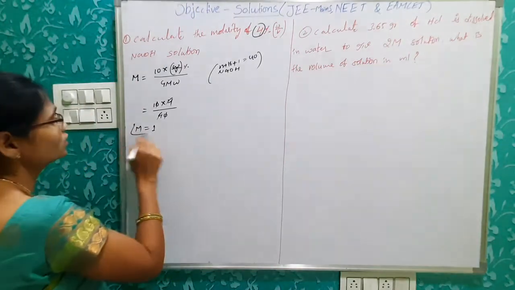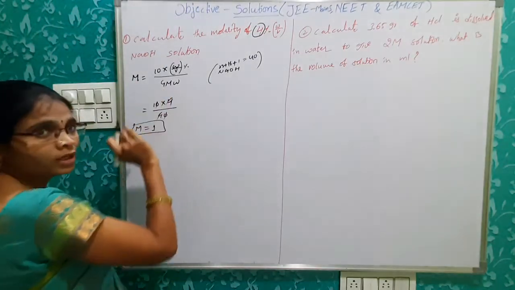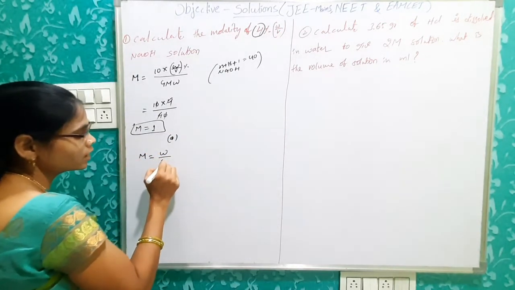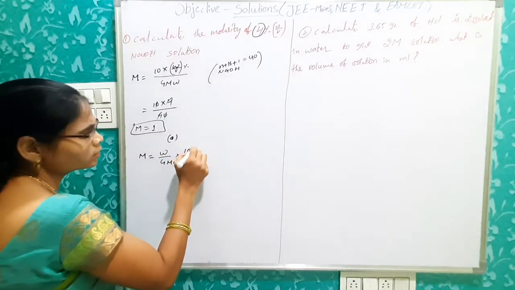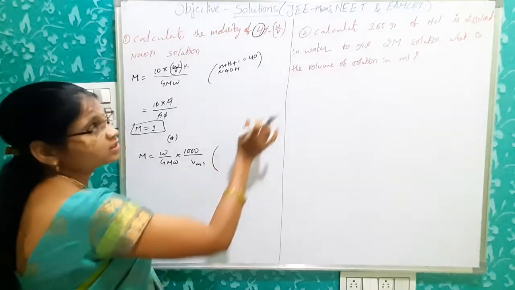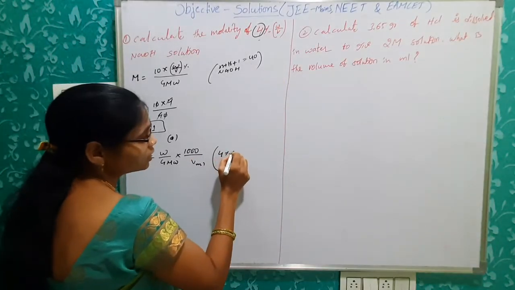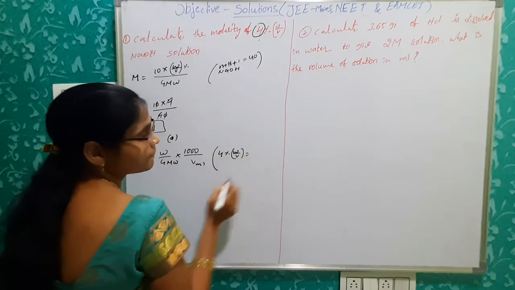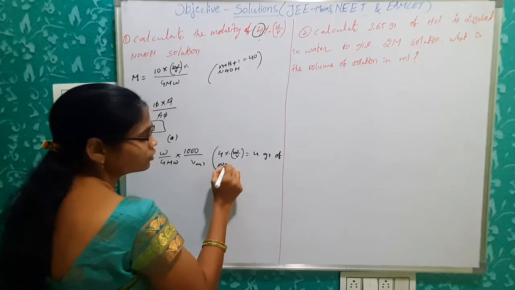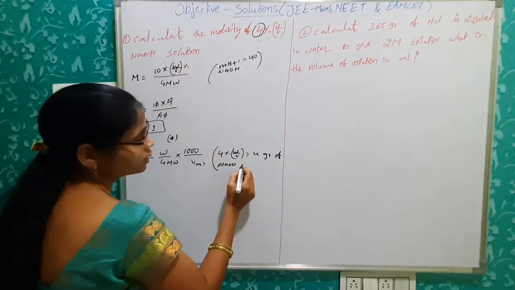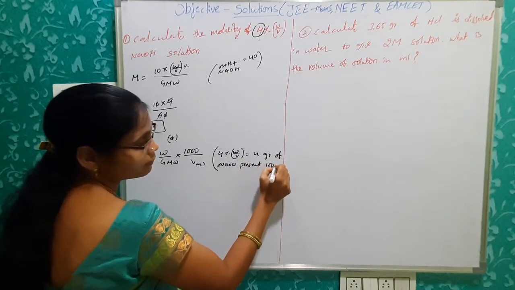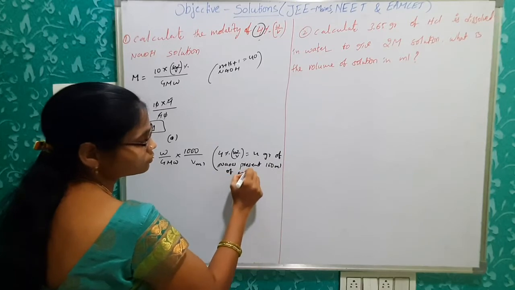Suppose you don't get this formula, you can simply use the molarity formula: molarity is equal to weight by gram molecular weight into 1000 by V in ml. Now 4% weight by volume means 4 grams of solute, here NaOH, present in 100 ml of solution.